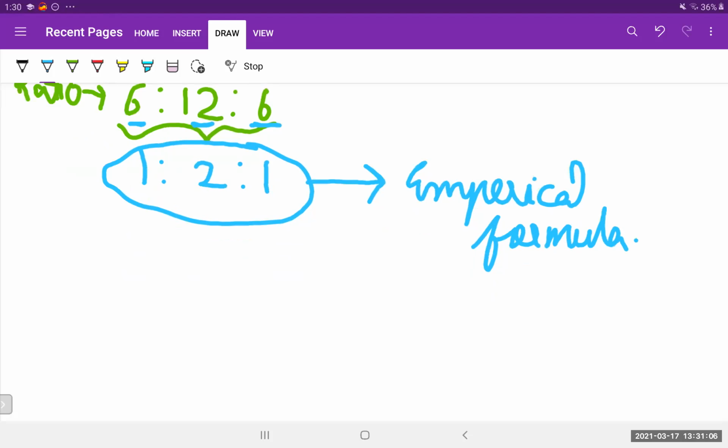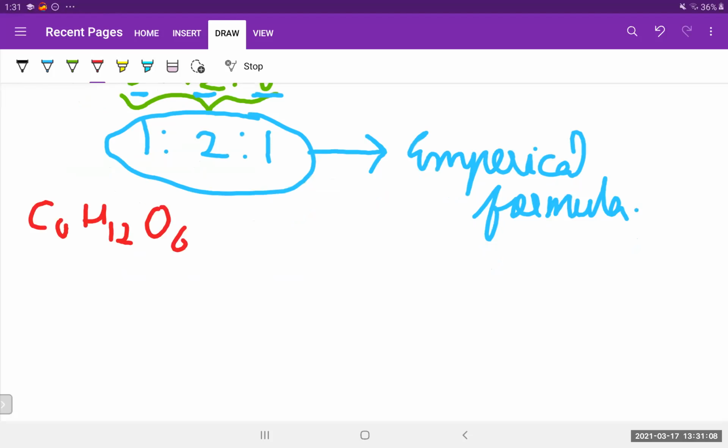See, originally it was C6H12O6, but now because of this empirical formula, it has turned into what?